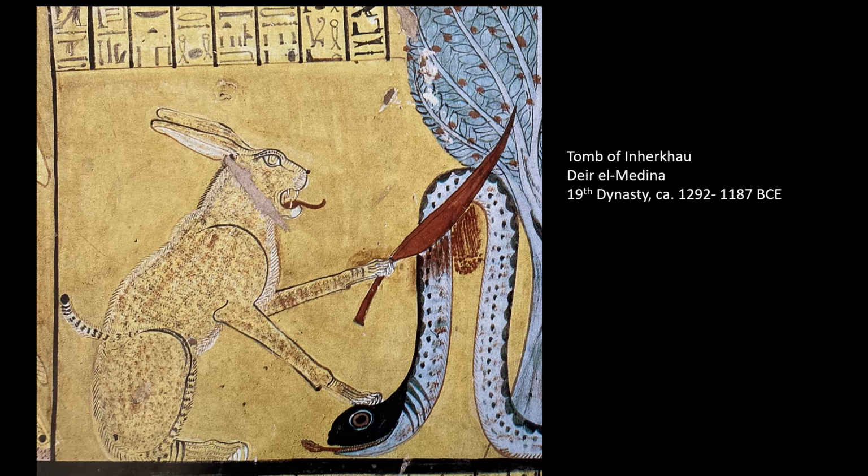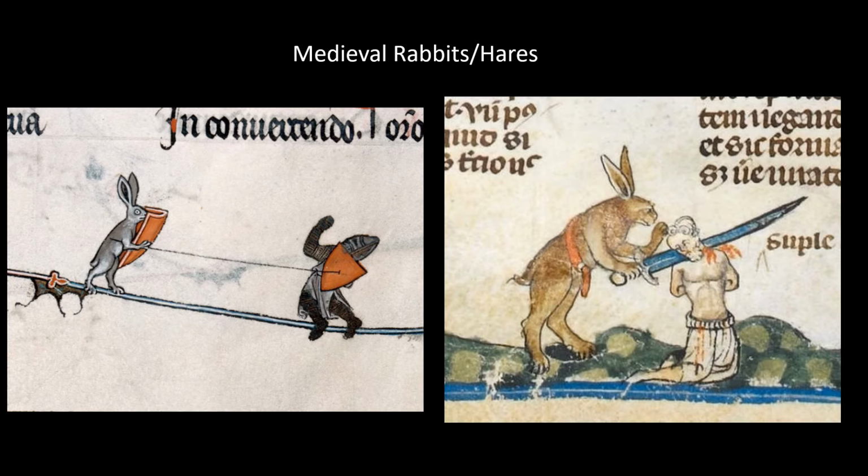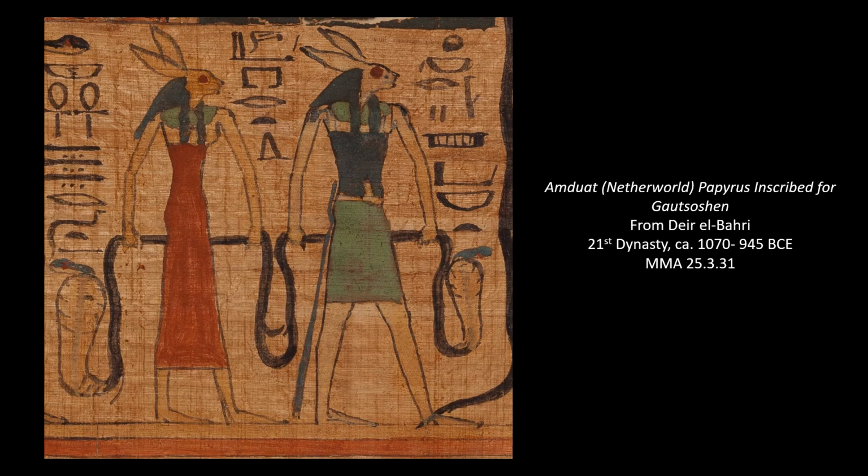There is a reason why Watership Down is so violent, and why medieval manuscripts show hares and rabbits battling knights, and why we have other Book of the Dead vignettes that depict male and female hare-headed deities handling large snakes.